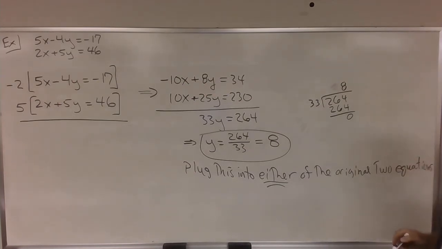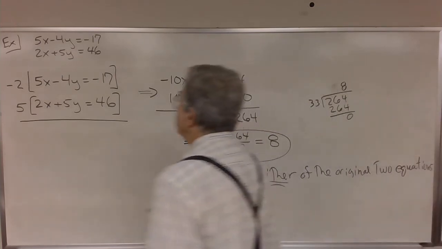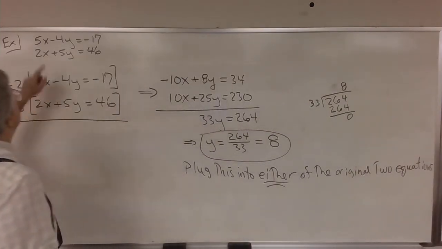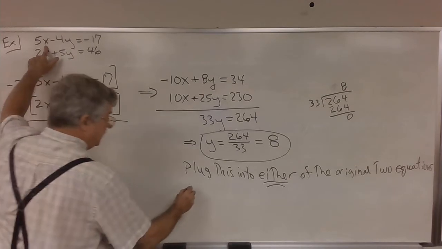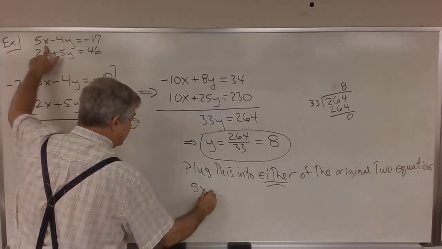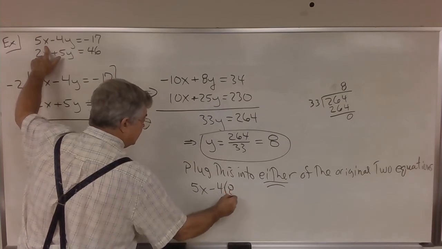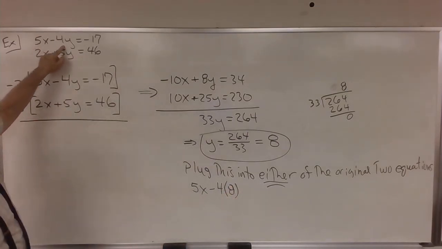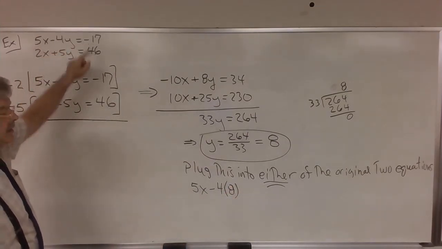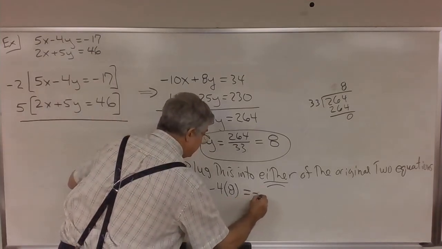Doesn't matter which one. Now, let's try the first one. 5x minus 4y, but y is 8. 5x minus 4y equals negative 17.